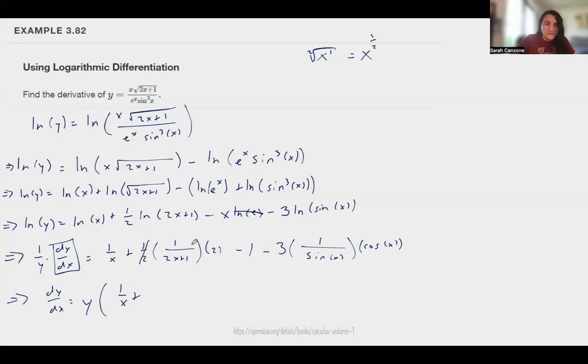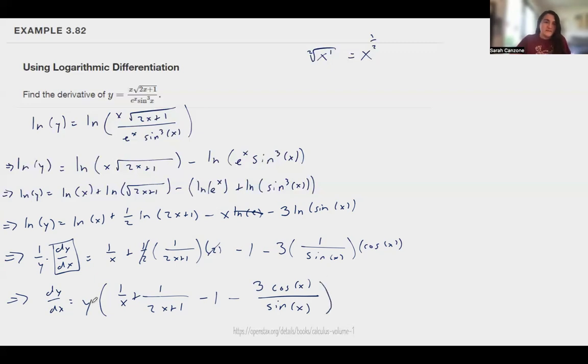So I'm going to cancel these guys out and just say that this is 1 over 2x plus 1 minus 1 minus, I'm going to bring the 3 and the cosine into the numerator. So 3 cosine of x over sine of x, just to condense it a little bit. So this isn't me necessarily changing it or trying to combine anything. It's just me rewriting my multiplication a little bit to make it look more concise.